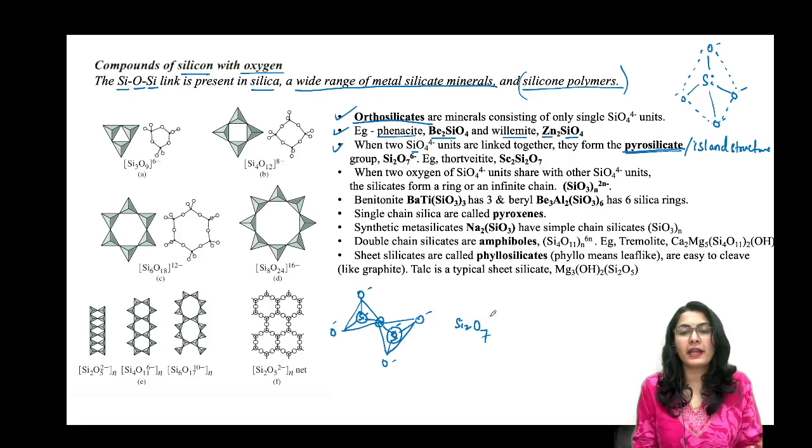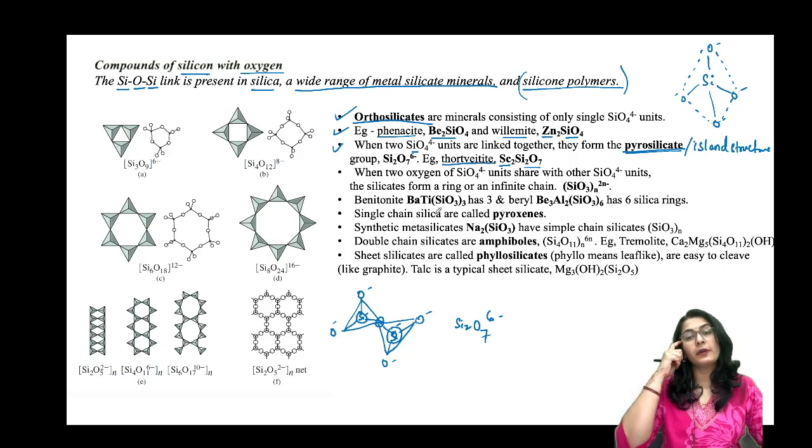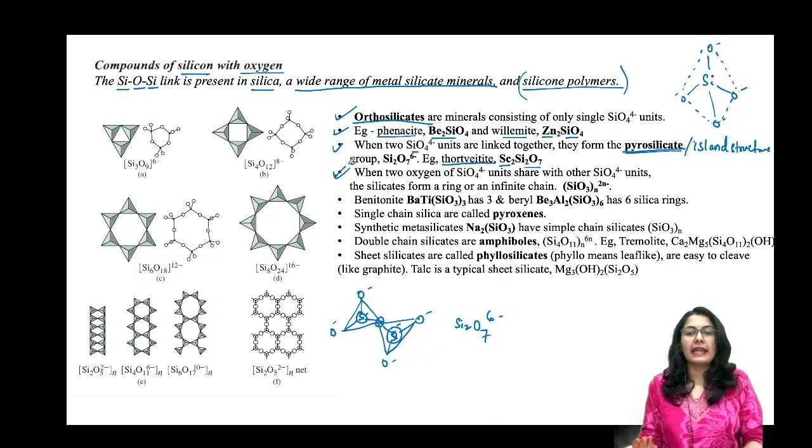Except one, all are minus. So 6 minus. This is the structure of pyrosilicate. Example is scandium pyrosilicate like this. Its name is thortveitite. Thortveitite is the common name of the scandium pyrosilicate. Okay, example.